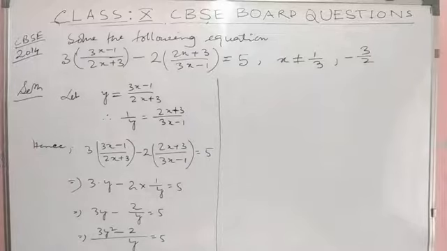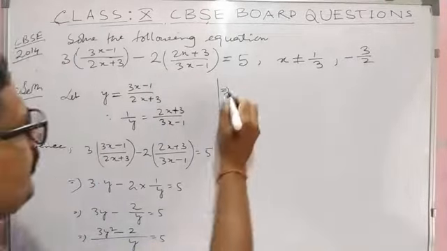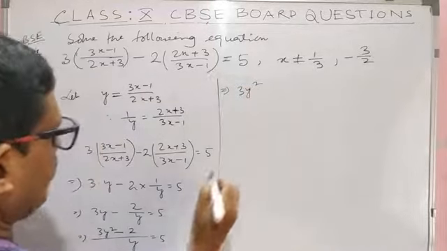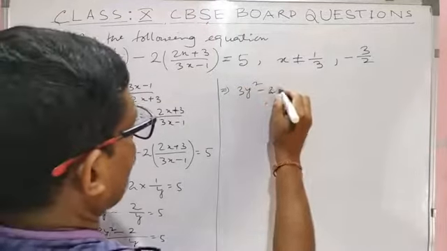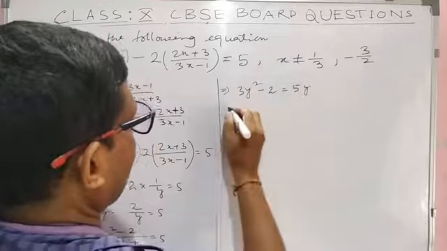Got it? Again you see, this I have taken as y, this will be 1 by y, so 3y, and this will be 2 by y equal to 5. Now let us take the LCM. Then it will be (3y square minus 2) by y equal to 5. This implies that on cross multiplication we get 3y square minus 2 equal to 5y.